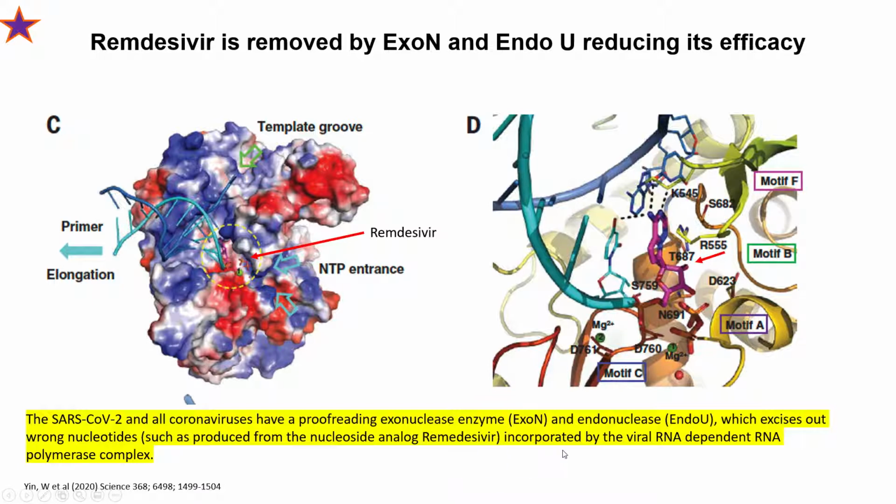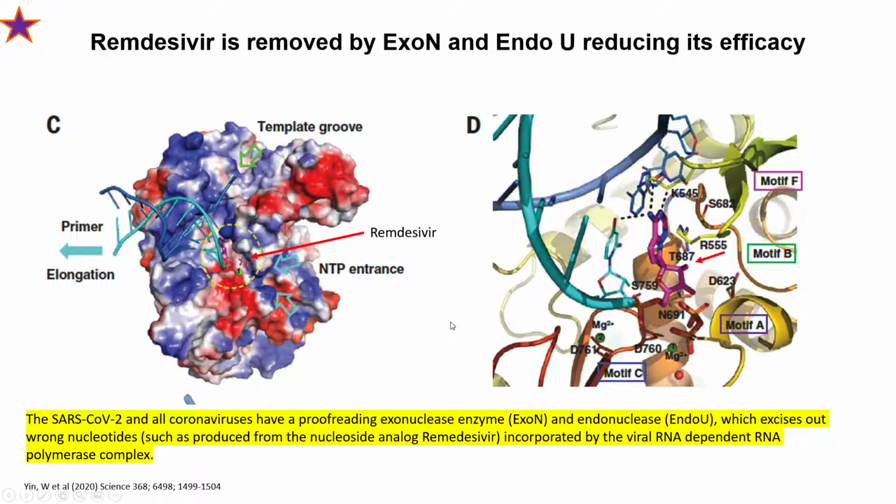So the efficacy of the drug is less than what is expected. It's still being used, but it probably reduces the intensity of the disease by 1 or 2 days, very marginal. We can ask what is the reason for that. Why doesn't it work, or what is the failure of remdesivir as a cure? It really cannot cure the disease.